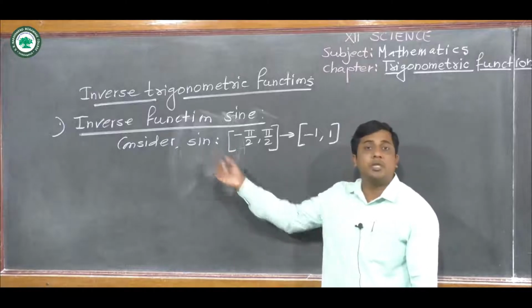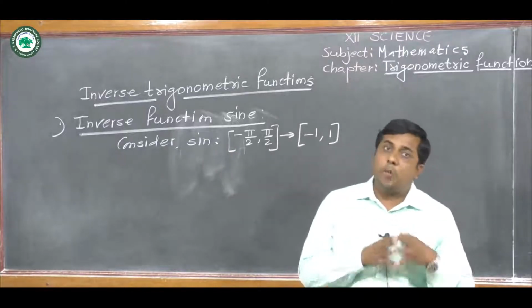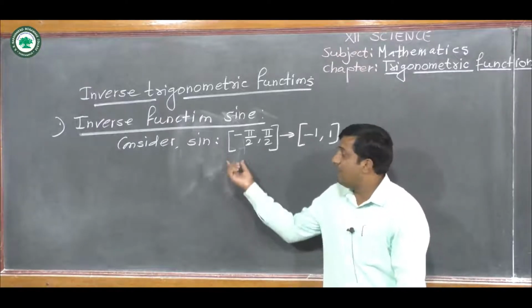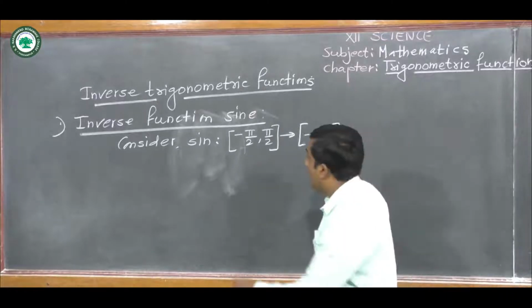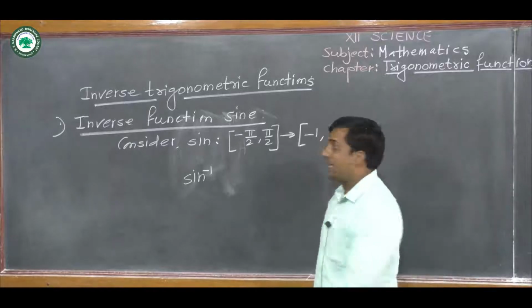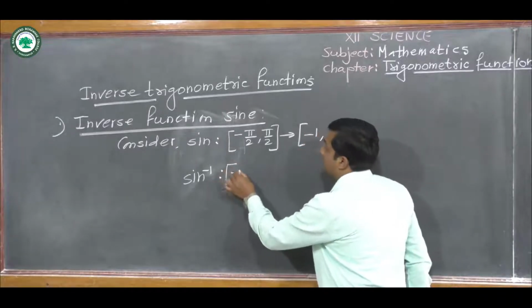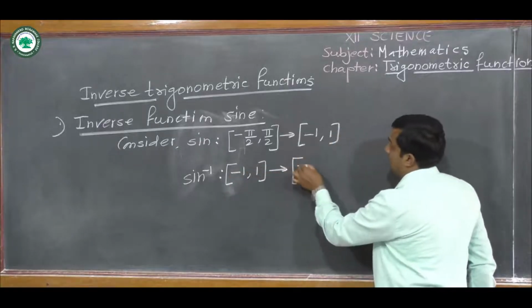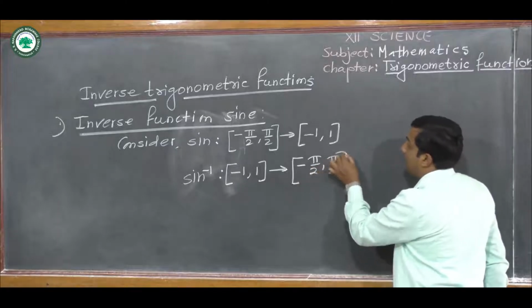If the given function is one-one and onto, the inverse of the trigonometric function sine exists, and we denote it by sine inverse. Sine inverse is a mapping from closed interval minus 1 to 1 to closed interval minus pi by 2 to pi by 2.